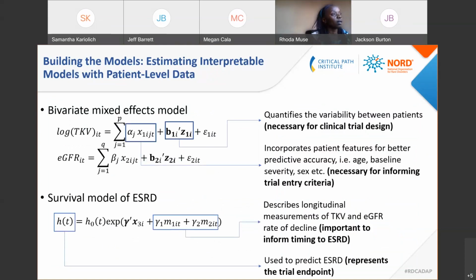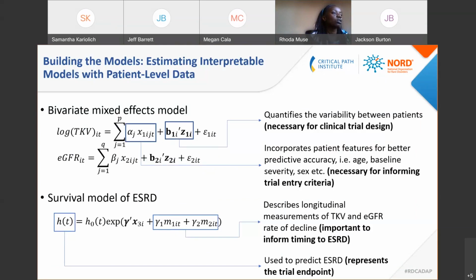Yeah, so the first one quantifies the variability between patients, which is necessary for clinical trial design. The next one incorporates patient features for better predictive accuracy. Such features include baseline severity, sex of the patient, etc. This is important for informing the trial entry criteria.